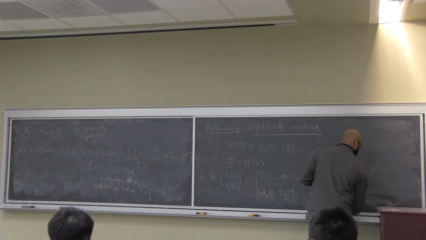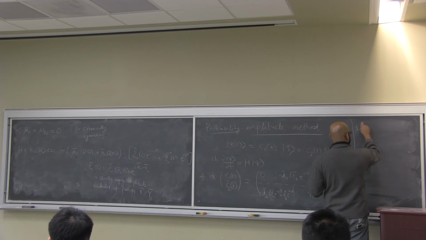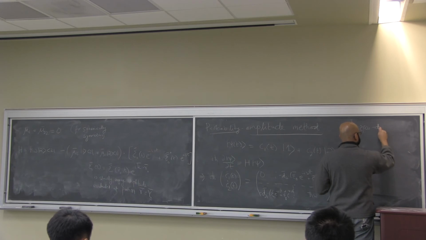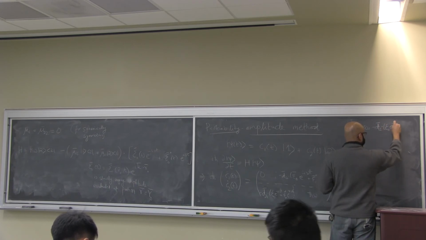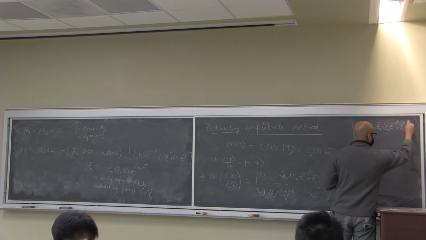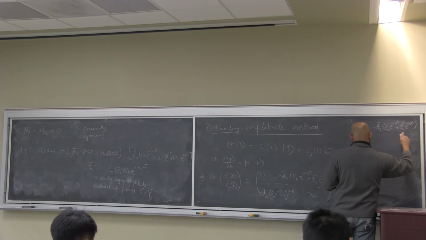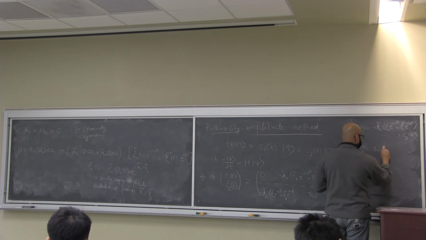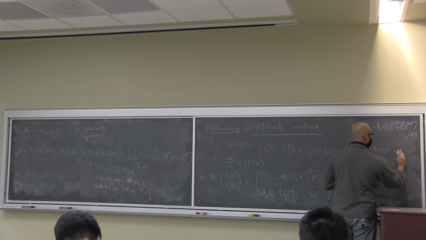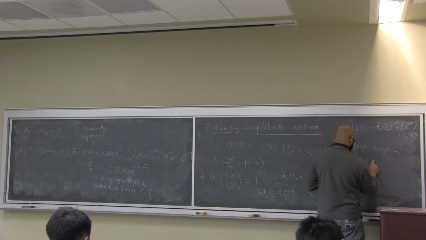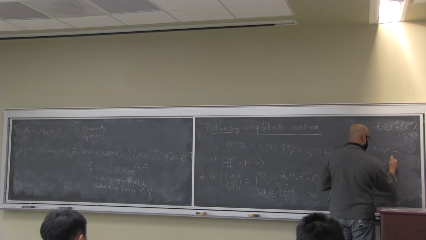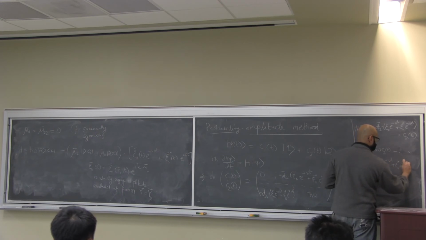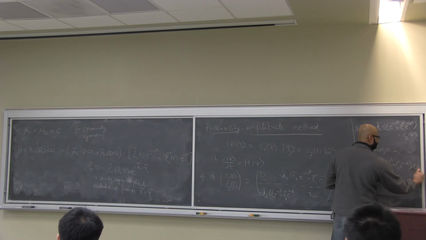So i h bar C1 dot of t equals minus d12 dot E naught e to the minus i nu t plus E naught star e to the plus i nu t, times C2 of t, and i h bar C2 dot of t is equal to h bar omega C2 of t minus d21 dot E naught e to the minus i nu t plus E naught star e to the plus i nu t, times C1. Okay, looks like we are done, right?